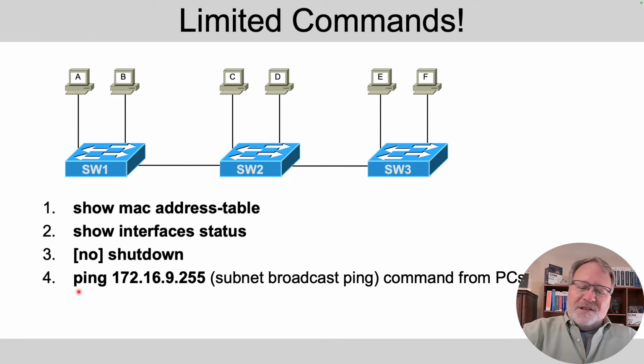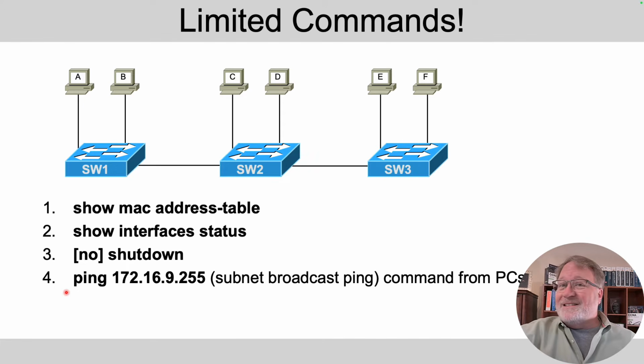Additionally, you can use this ping command on the 6 PCs. So what is that? That's a ping command for the subnet broadcast address for the subnet of the addresses that I've pre-configured for this lab. Now, you probably haven't learned much about what that means yet if you're following along with the books and these videos in sequence, but here's the deal.